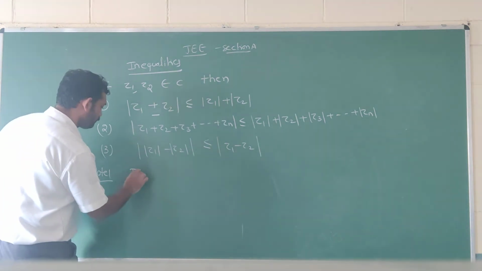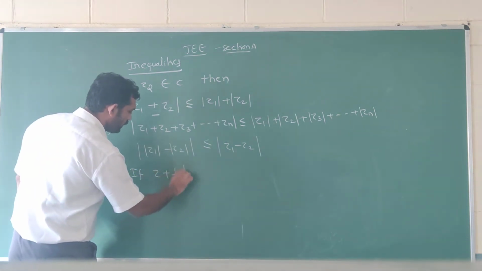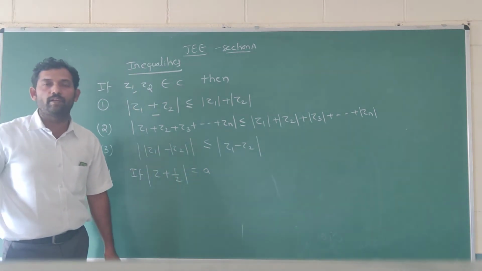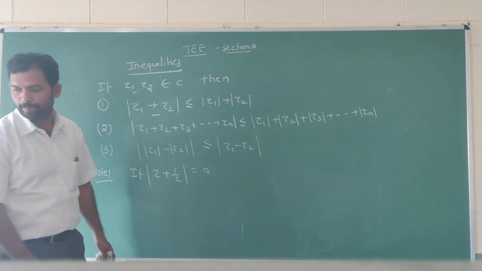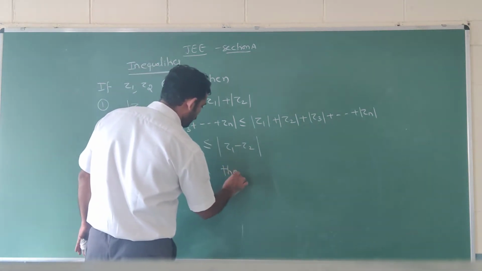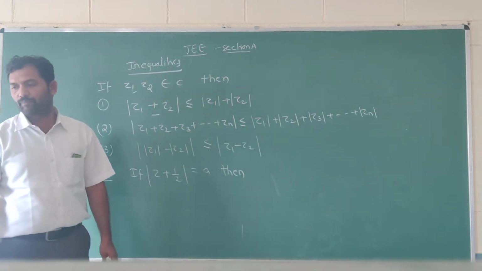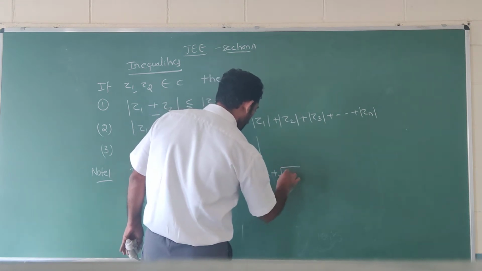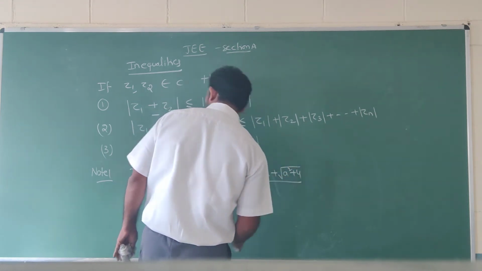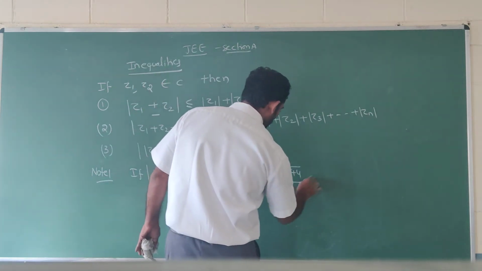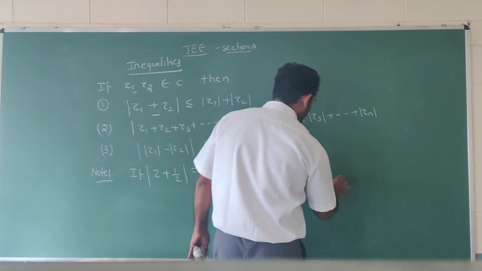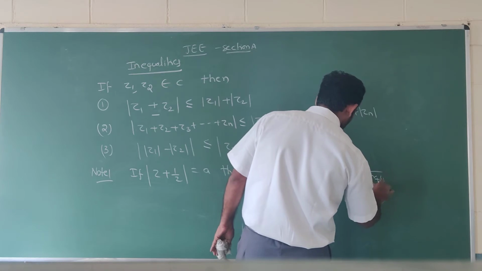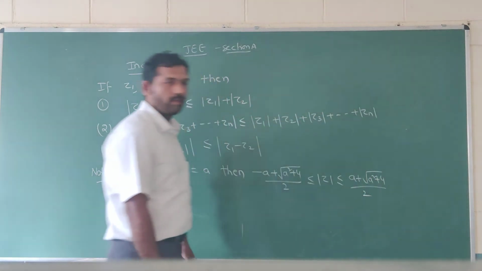If Z plus 1 by Z is equal to a, where a is any real number, then what is our condition? Minus a plus root over a square plus 4, divided by 2, is less than or equal to modulus of Z, which is less than or equal to a plus root over a square plus 4, divided by 2.